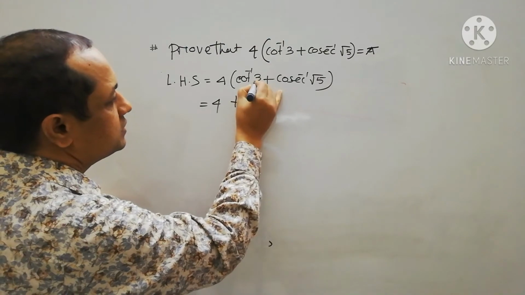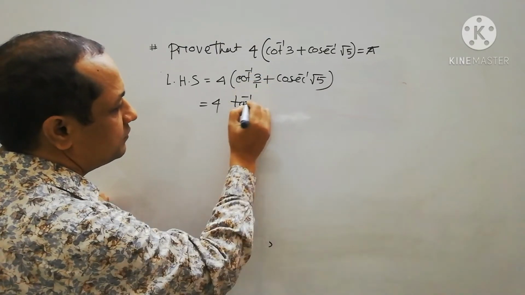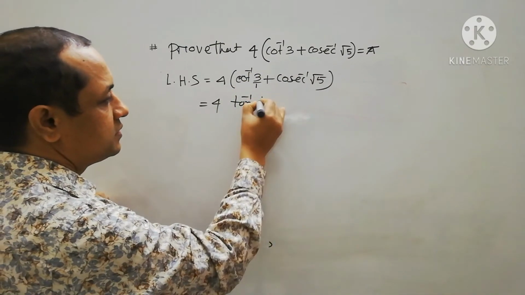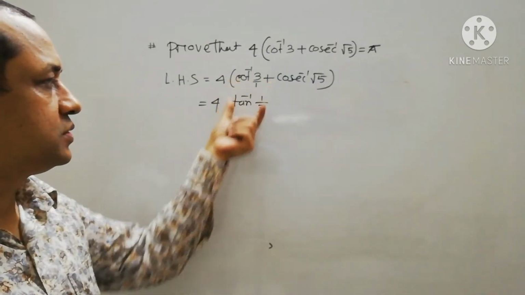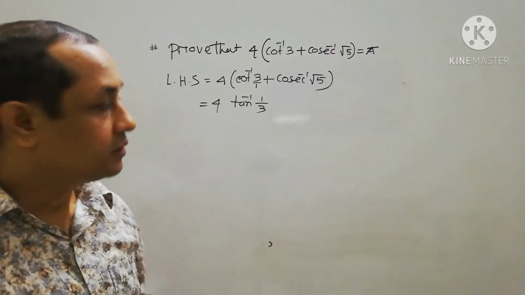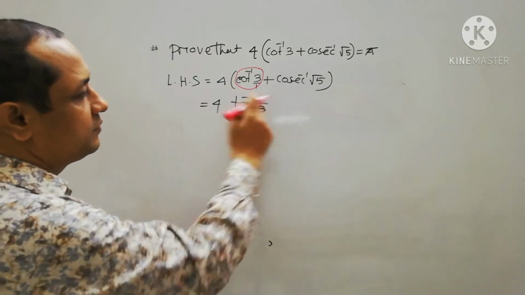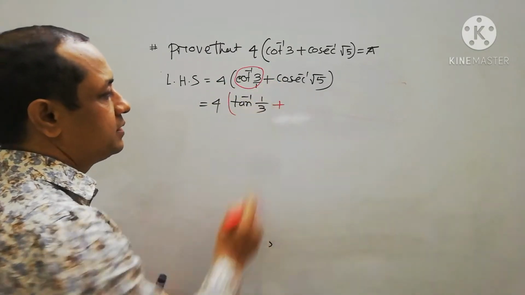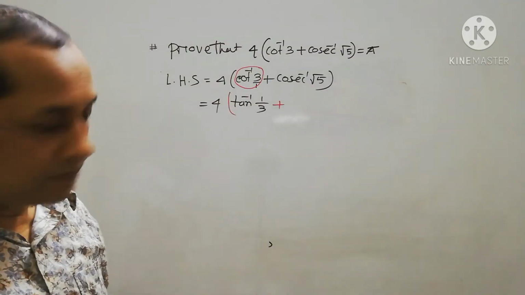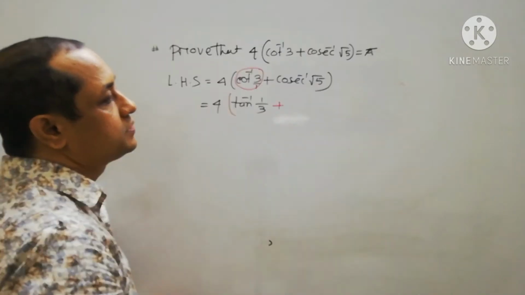Here the numerator is 1, so cot inverse converts to tan inverse of 1 by 3. Student, here cot inverse 3 equals tan inverse 1 by 3, plus cosec inverse root 5.